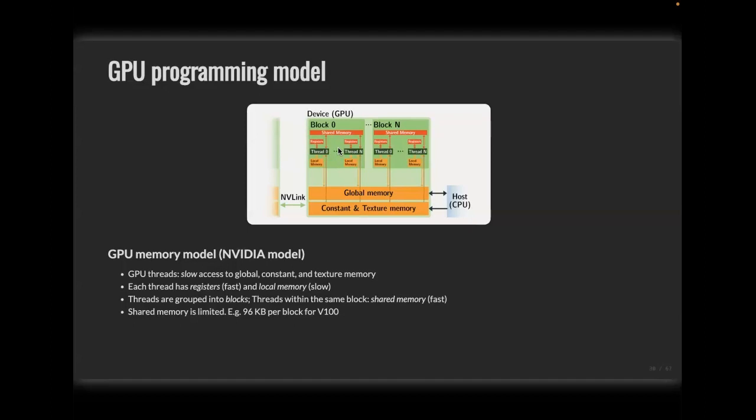So there is a concept of a block, which is just the name of a group of threads. And then you can run a kernel using some number of blocks. So you as the programmer can say, I want to have 8 threads per block, and I want to run this kernel using 16 blocks.